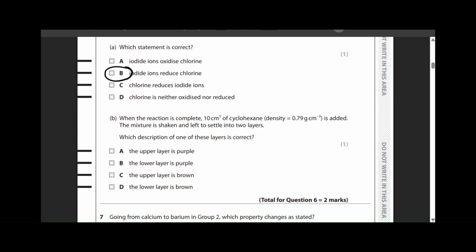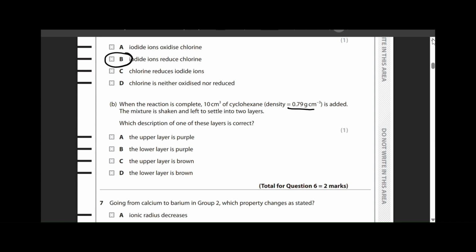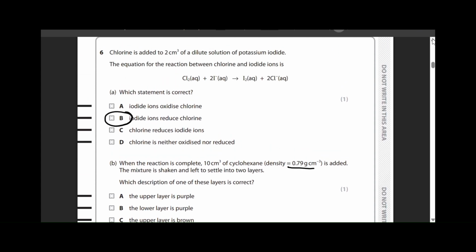When the reaction is complete, 10 cm³ of cyclohexane, density 0.74 g per dm³, is added. The mixture is shaken and left to settle into 2 layers. Which description of one of these layers is correct? You know, when you add cyclohexane into the solution containing iodine, what will happen?